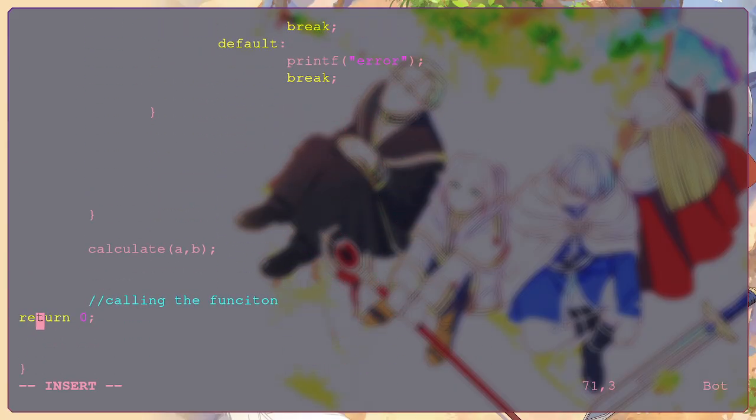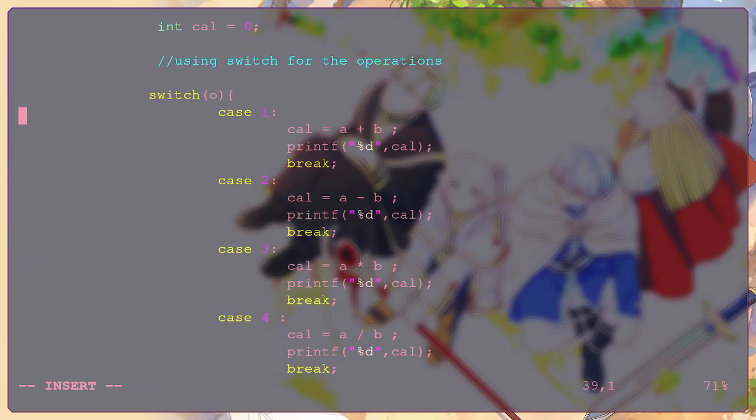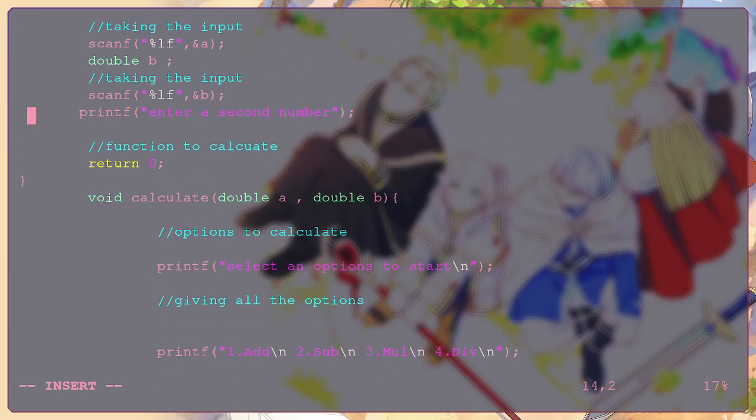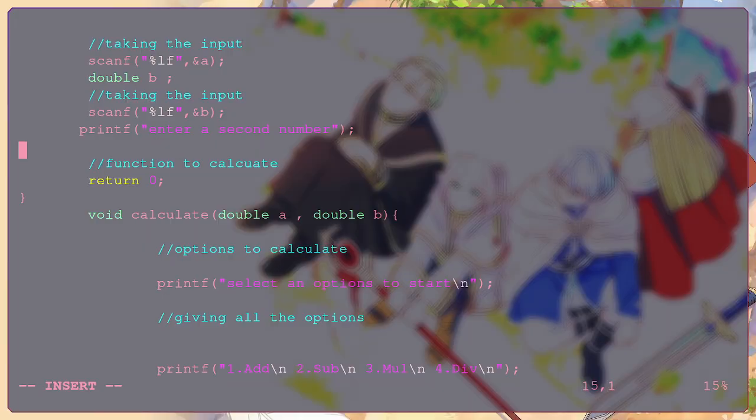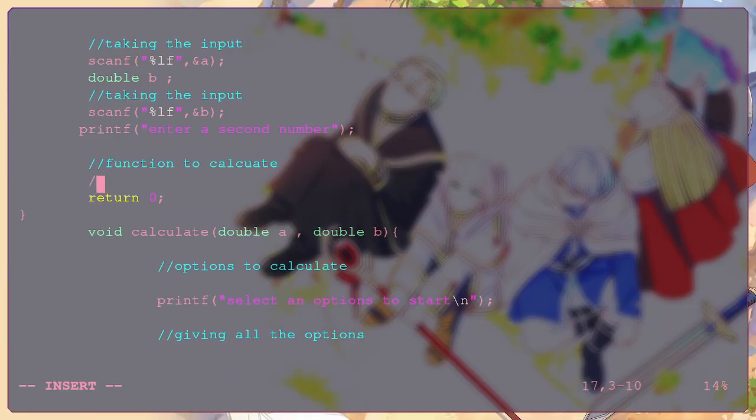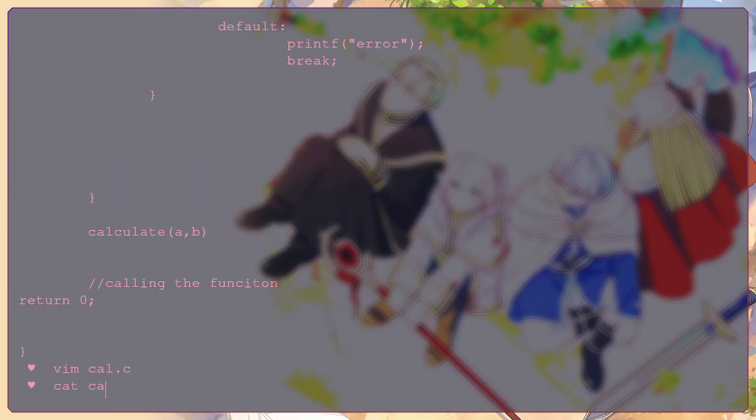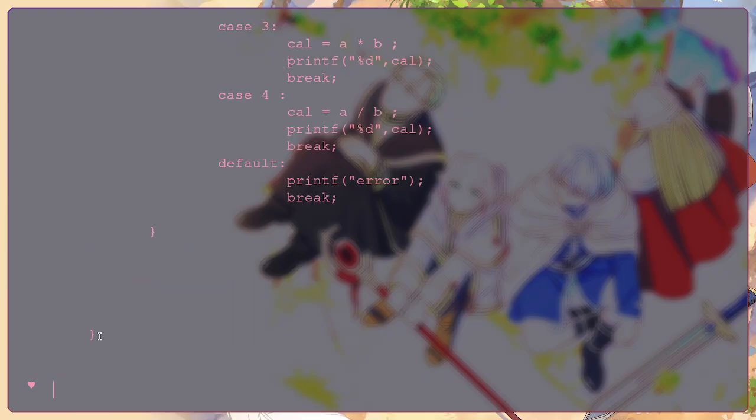Then let's go below and remove this line. Calculate A, B. Wait, cat cal.c.